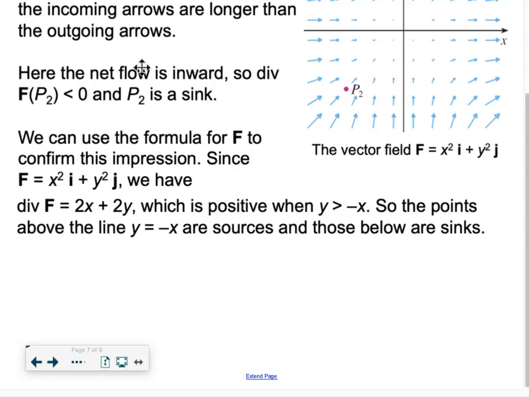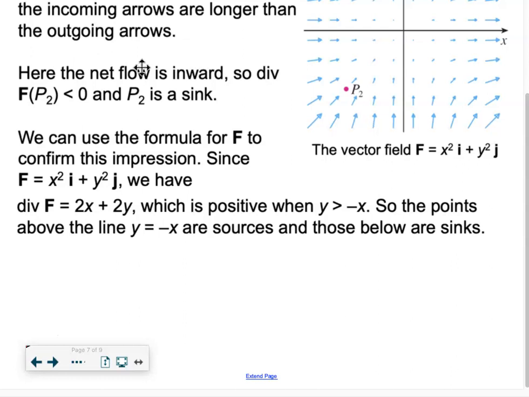Something happens when you're above and something happens when you're below. The divergence is positive when y is greater than negative x. So the points above the line y equals negative x are sources, and the points below the line y equals negative x are sinks.